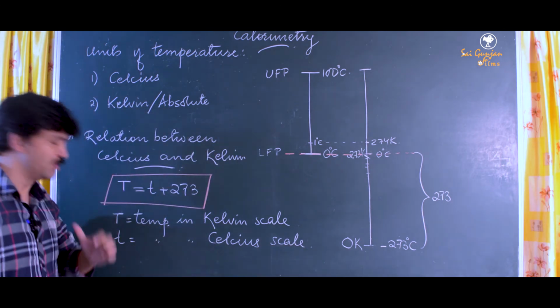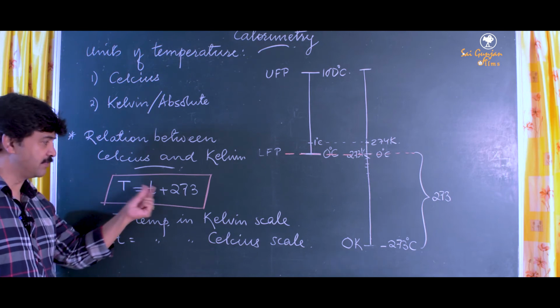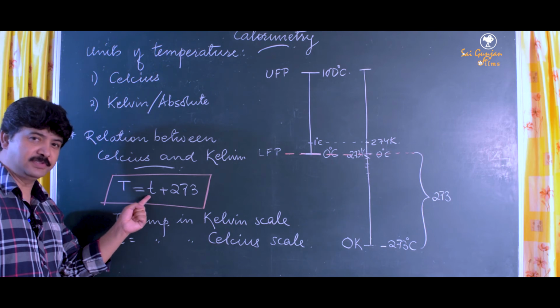So to convert Celsius to Kelvin, we have to add 273 to that particular temperature.